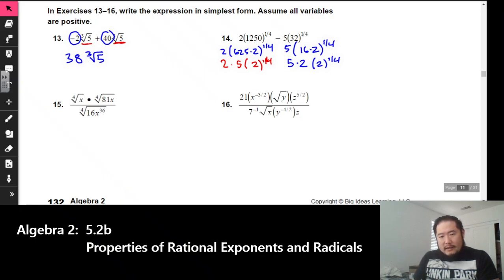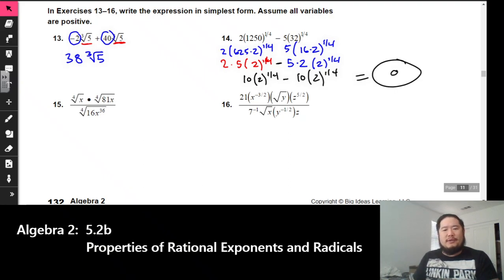It looks like these two terms are exactly the same, because 2 times 5 is 10. So I got 10 times 2 to the 1/4 power minus 10 times 2 to the 1/4 power, and all this combined equals 0.